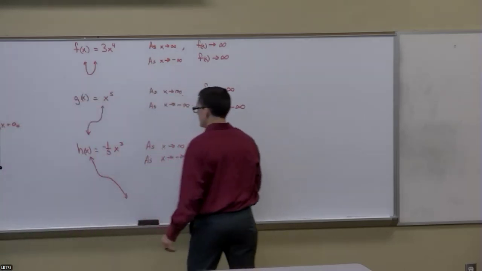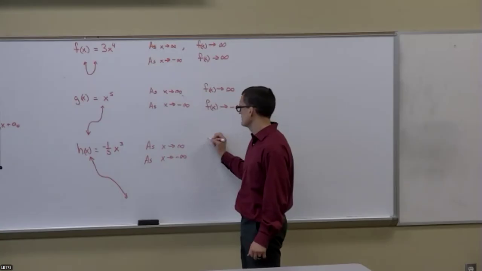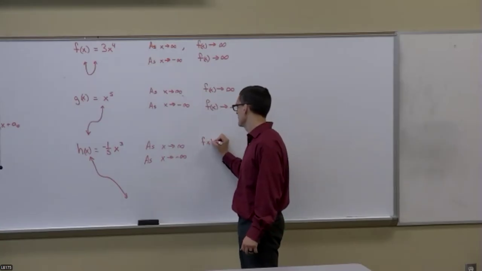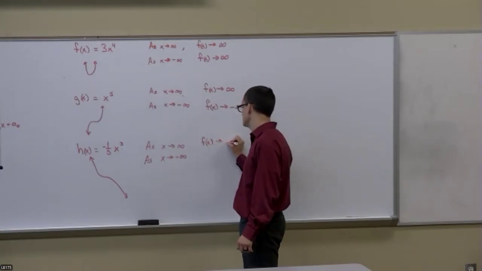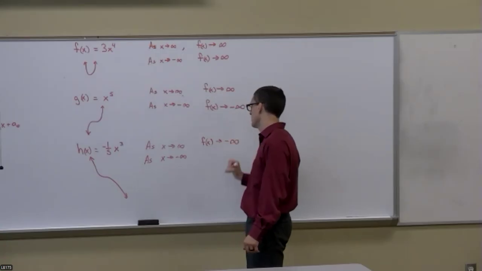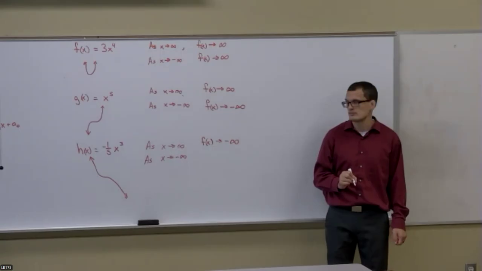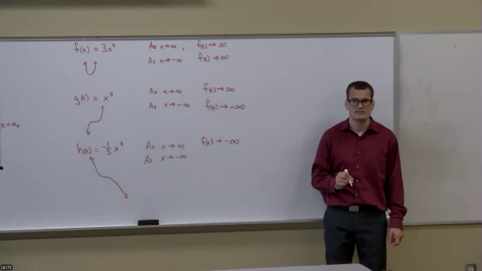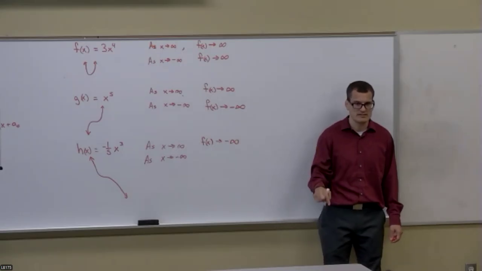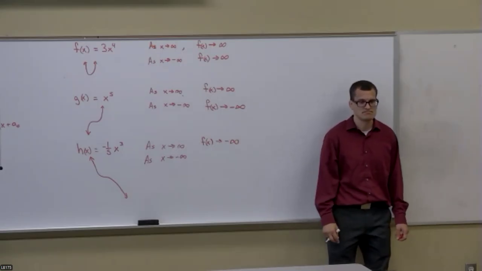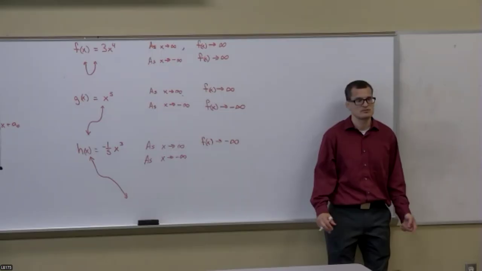So as you move towards the right, my y values are moving down. So as x goes to infinity, the f of x values are going to negative infinity. x moves to the right, y moves down.